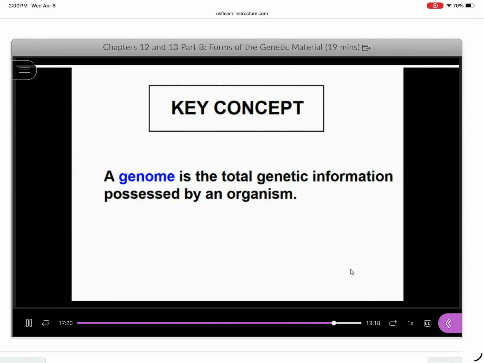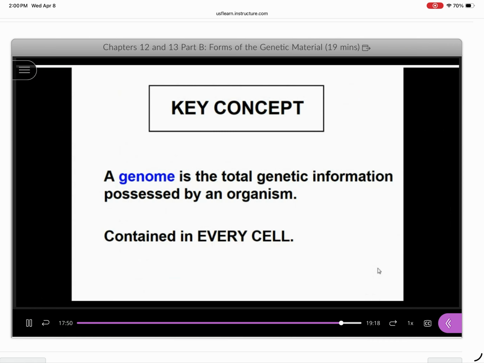But make no mistake, you don't have to go to every cell and combine all the cells to find it. That's not what it means. Where do you find the genome? In each cell. Each cell has the total genetic information. Each cell contains the genome.